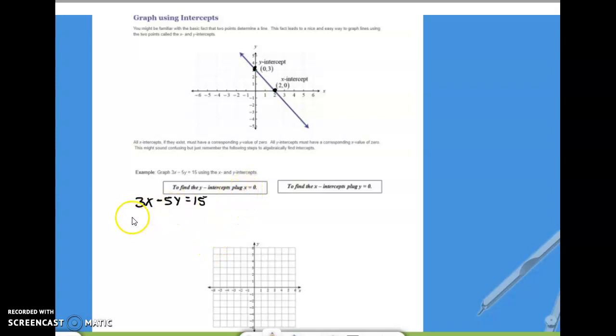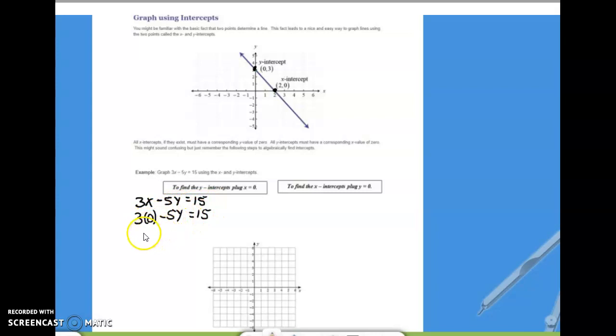So I'm going to find the y-intercept. I'm going to plug a 0 in for x. So 3 times 0 is nothing, right? So all you're left with is negative 5y equals 15, right? The way they say cover up is you just cover that up, and you've got a simple one-step equation.